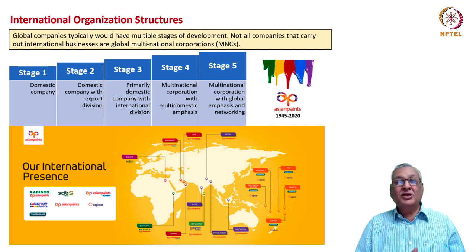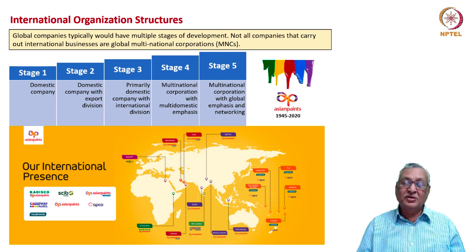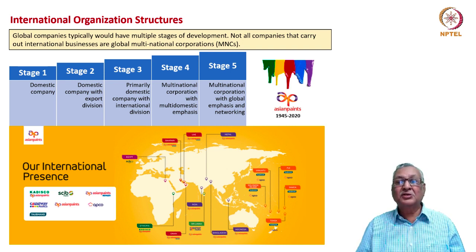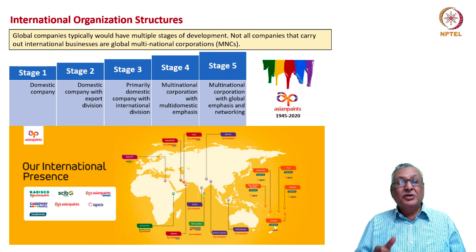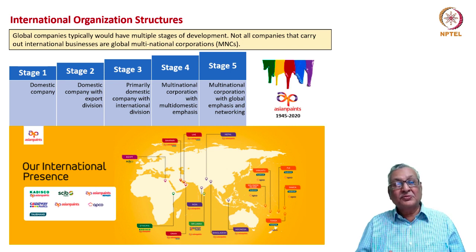Global companies typically would have multiple stages of development. Not all companies that carry out international businesses are global multinational corporations, but most global companies have evolved over a period of time. In stage 1, typically a company is a domestic company. In stage 2, it will be a domestic company with export division.